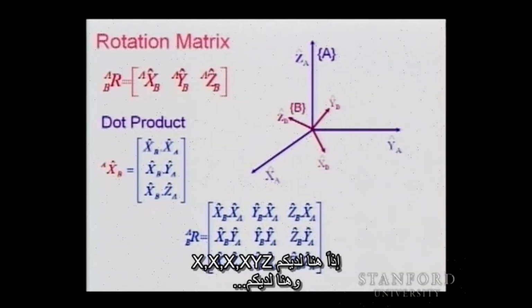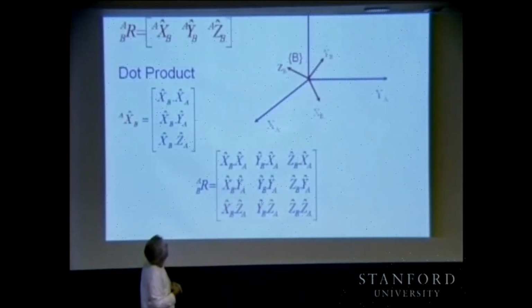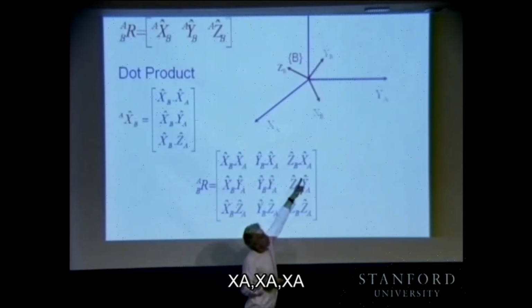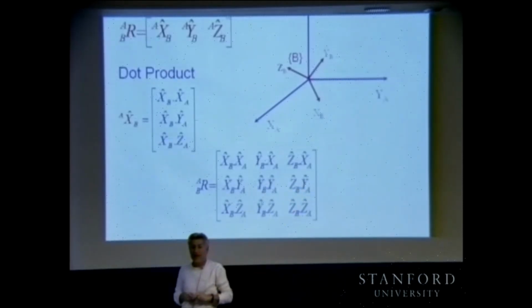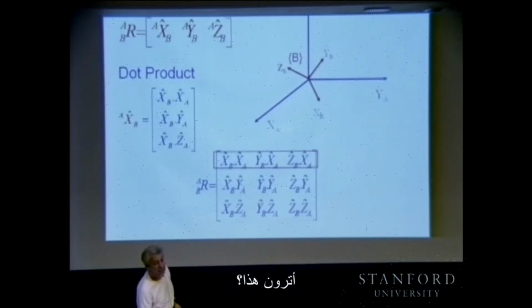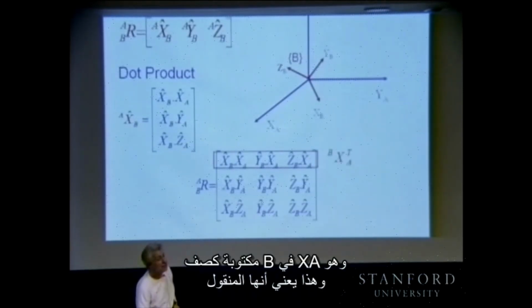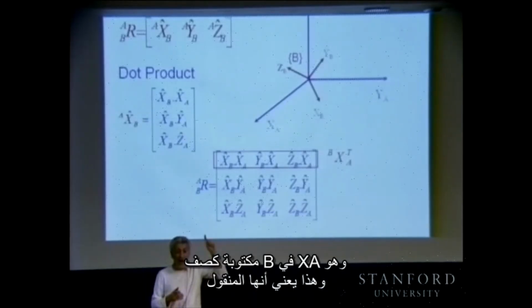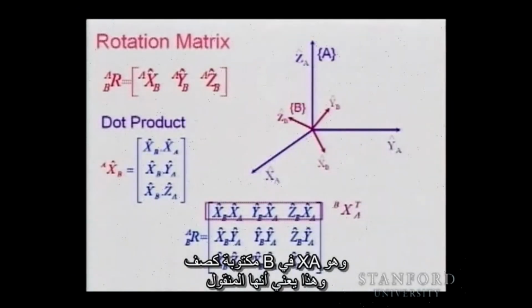Here you have anything constant? xa, xa, xa. So it's the dot product of xa with xb, yb, and zb, which is xa in B written as a row, which means it's the transpose.